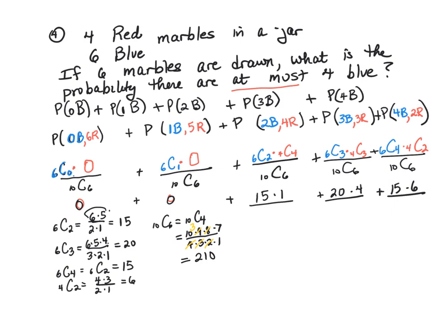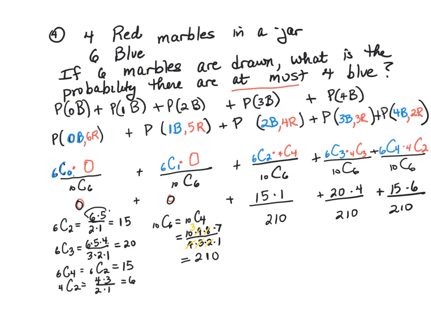Wait, is that right? No, it's 21, not 210. How did I get 210? Oh no, it is 210 because it's 3 times 7 times 10. Yes, that's correct. So this is all under a common denominator of 210.